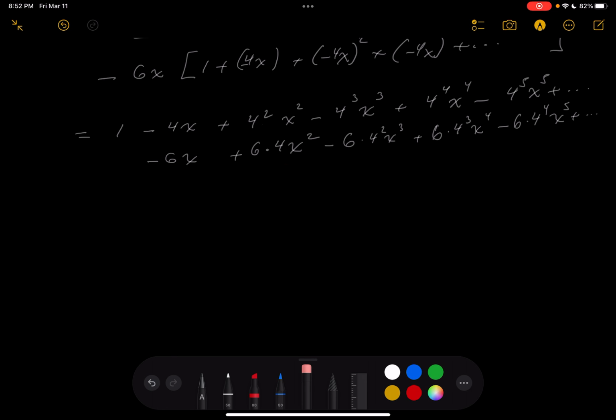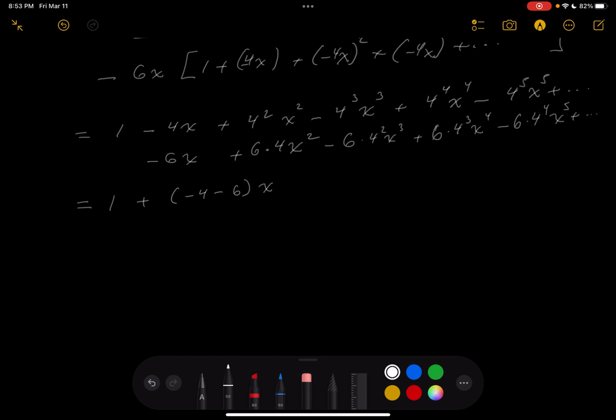And I'm kind of seeing a pattern over here. What I'm going to do is put a plus sign down. And because it's a summation problem, I'm going to write this as minus 4 minus 6x.